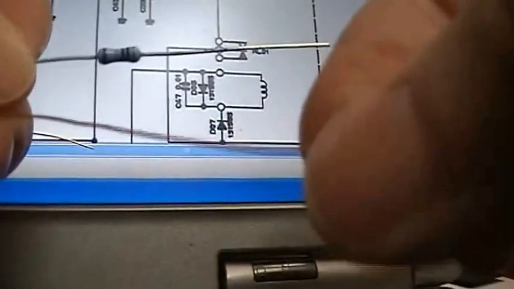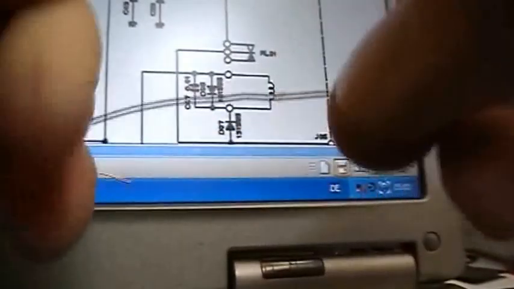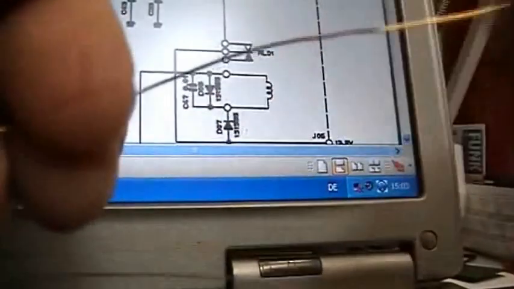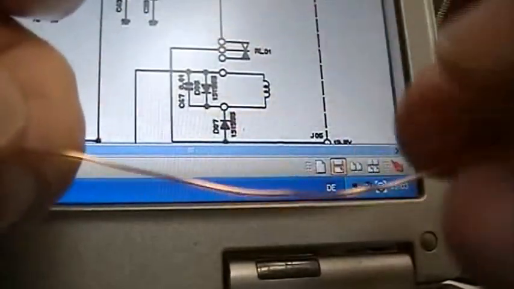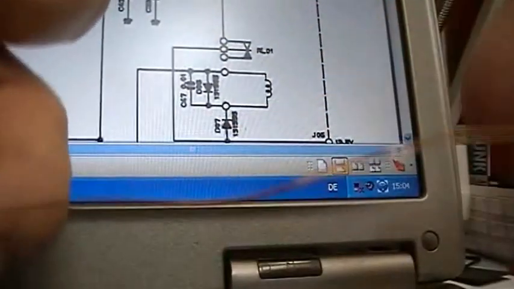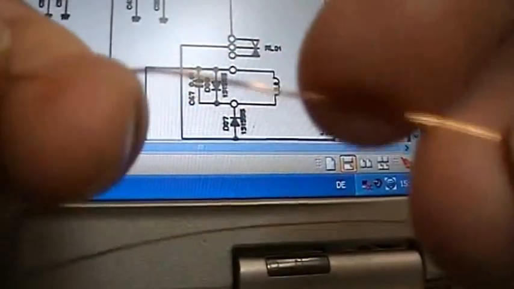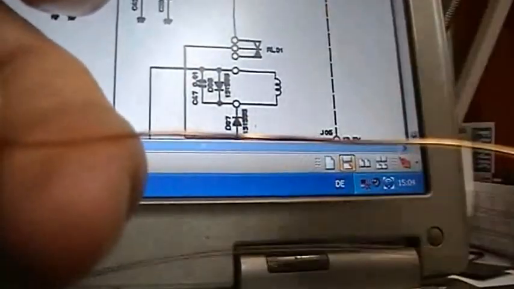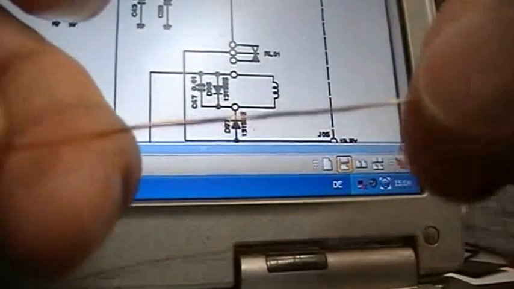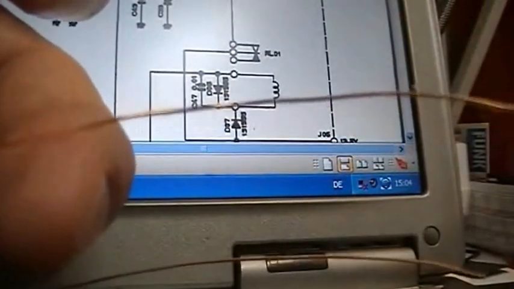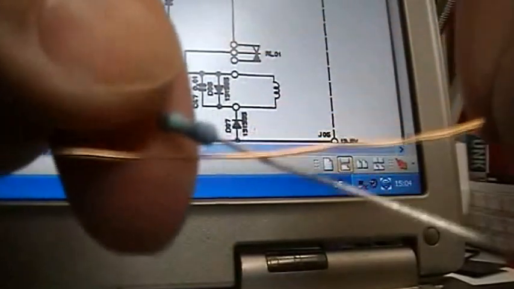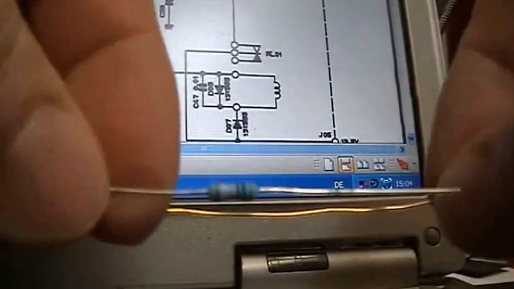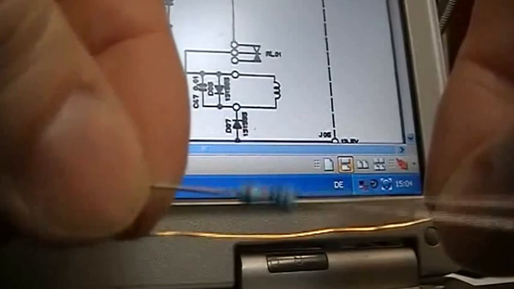Therefore we have copper lacquer wire. This is wire which is taken to produce coils, and what we are going to try is to take a resistor.